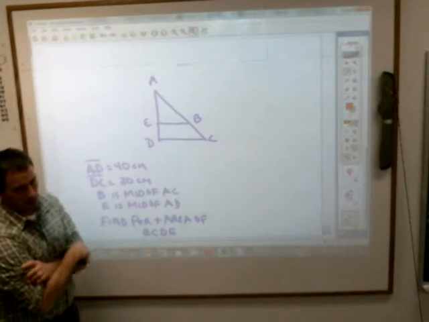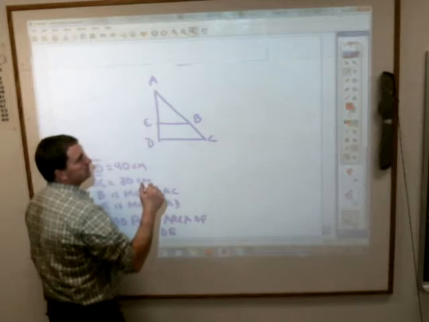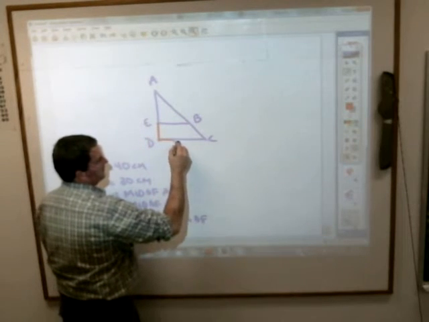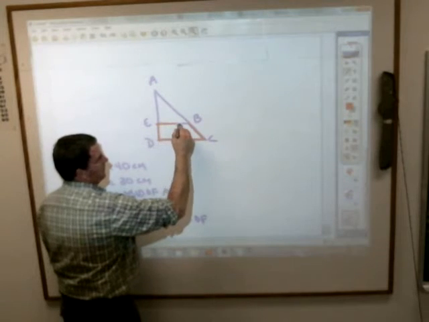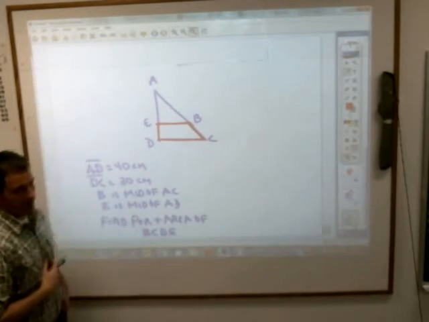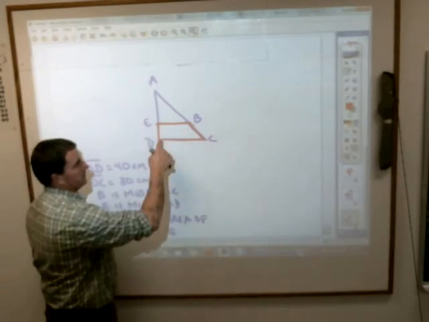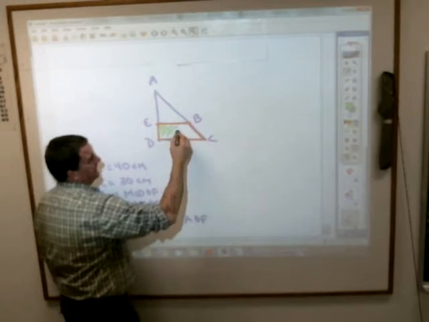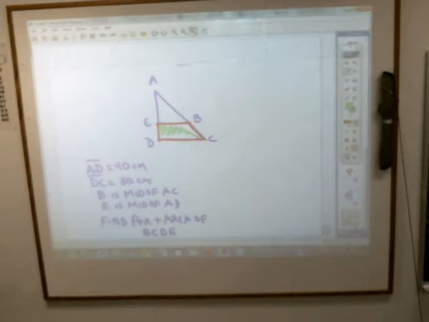What is that actual shape there? It is a quadrilateral, it's a trapezoid. They're asking you to find the area and the perimeter of this right here. I need to find the distance around and the area of it.